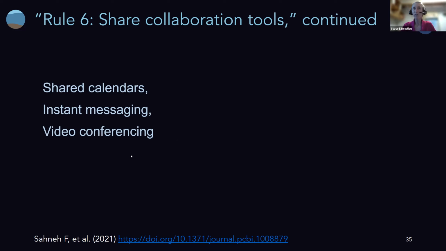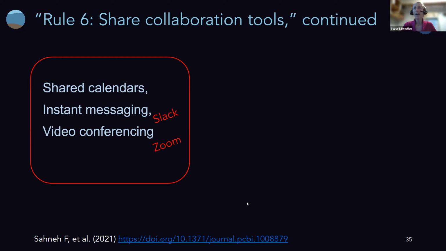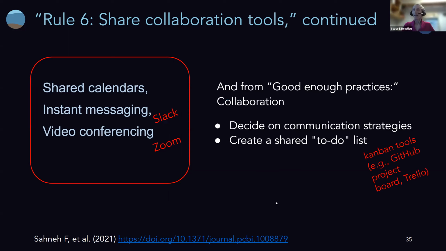Instant messaging and video conferencing make that people-to-people connection. And we're doing some of this here today: we're using Slack for our data training channel, and we're using Zoom to connect. This relates back to the Good Enough Practices collaboration section, in which the recommendation is for the project team to decide on communication strategies and create a shared to-do list.